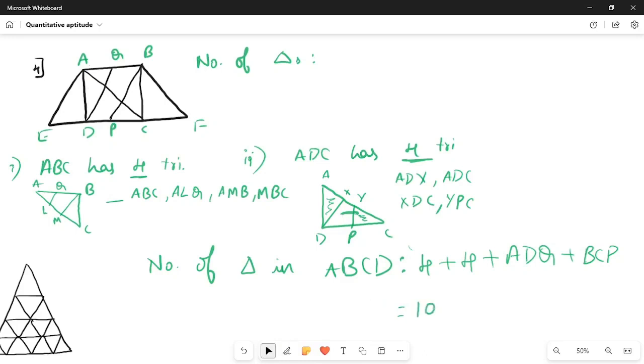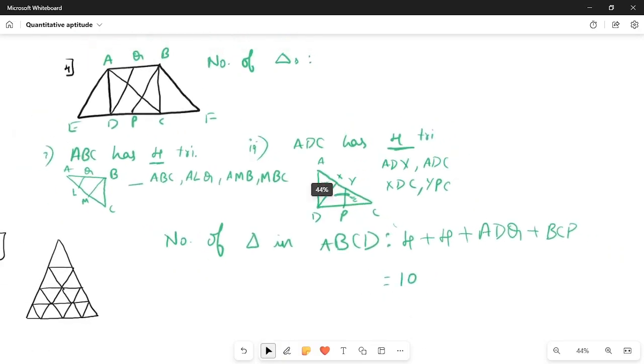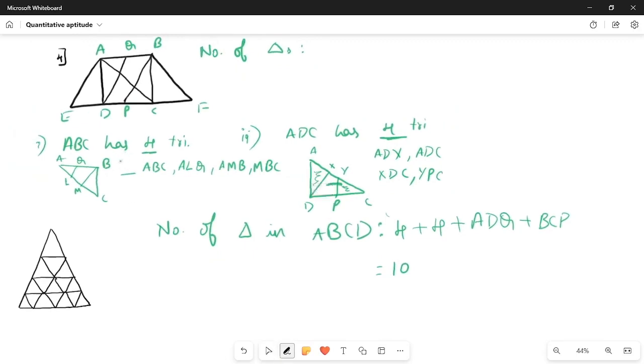Now I have to consider the entire figure which has four more extra. That is, one is triangle AED, and then BCF. Then when I club this triangle AED with the rectangle ABCD, I get AEC.